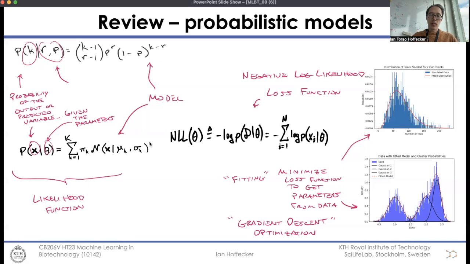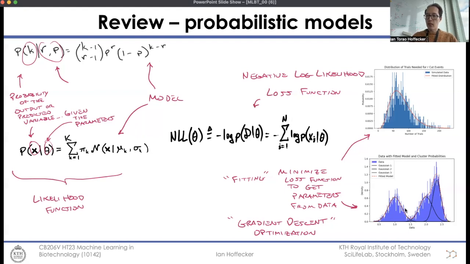But instead, the model in this case is represented by this summation of multiple Gaussian distribution functions, each weighted by some factor pi here. And what we would do is just the exact same thing that we did in the Pascal distribution case. We would take the negative log of this, sum this up for all of the data points that we have in our data set, and this would return us a good fit, an optimal fit for this observed distribution here and the set of parameters that correspond to it.